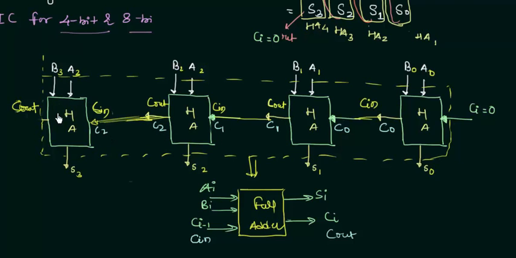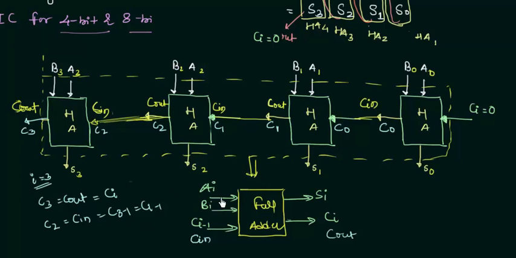C2 acts as the input carry for the last half adder, and its carry output is C3. So if I equals 3, the output carry C3 is CI. Similarly, C2 is 3 minus 1, so the carry input is C3 minus 1, or CI minus 1, because I is 3.